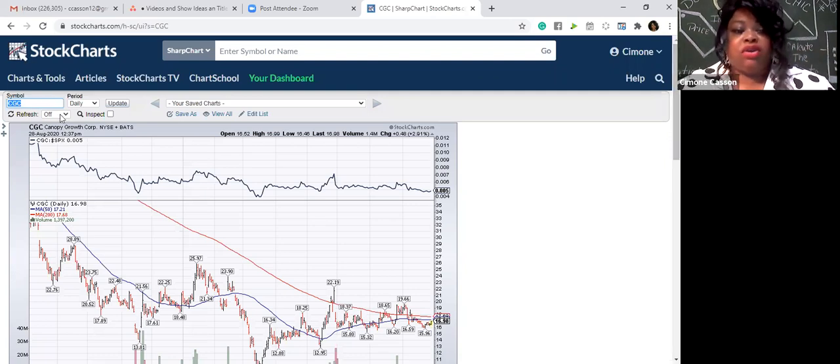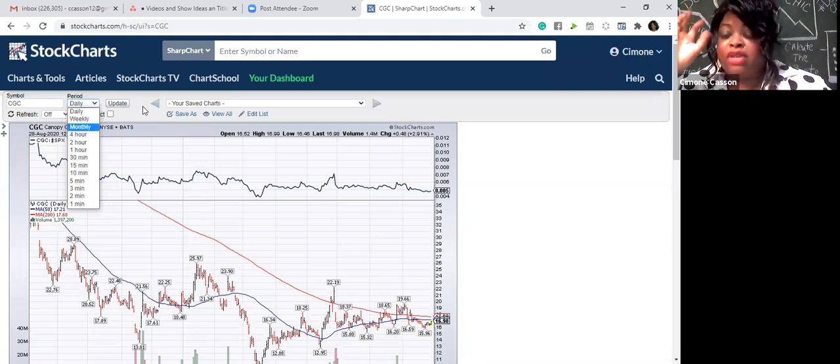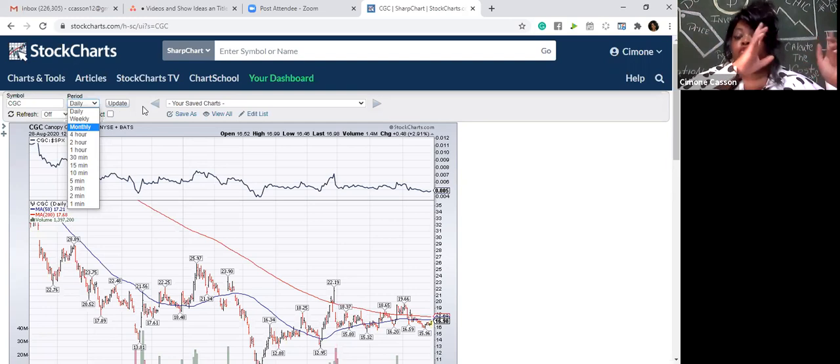All right, so let's look at the chart. Here you've got the symbol. This is the period that we're going to use, weekly, monthly, what have you, depending on your trading style. Day traders use the daily, but if you're a swing trader, you are waiting on the company to swing up or swing down.